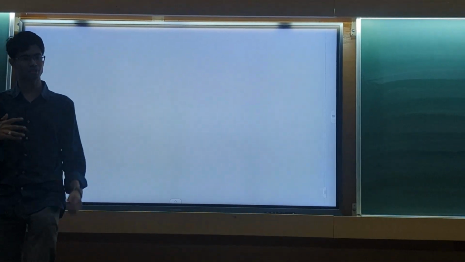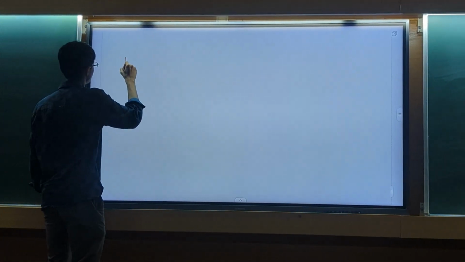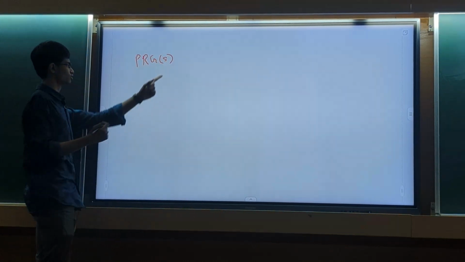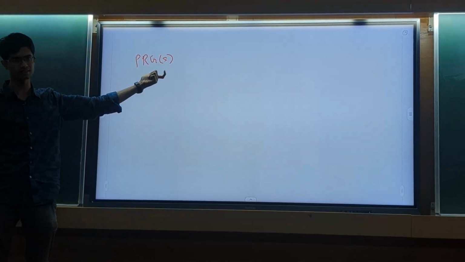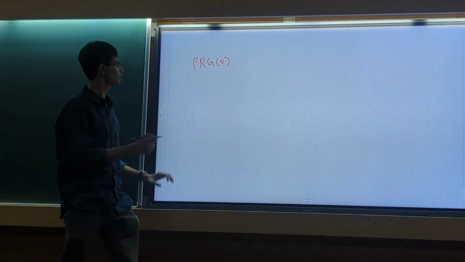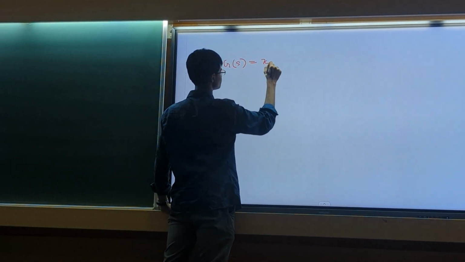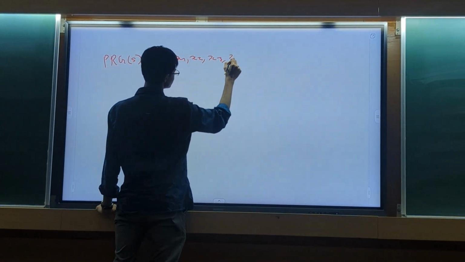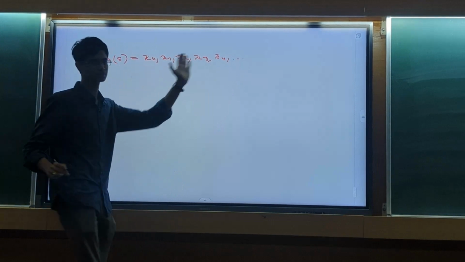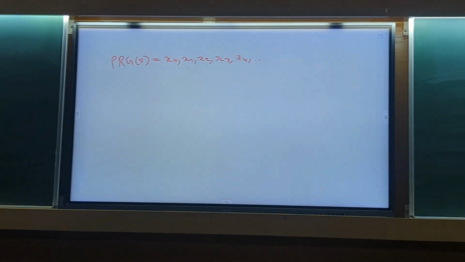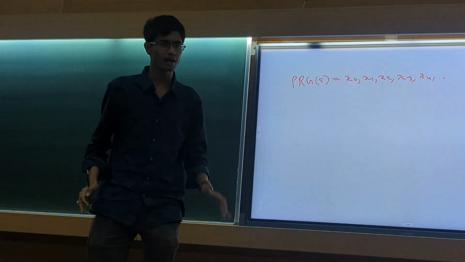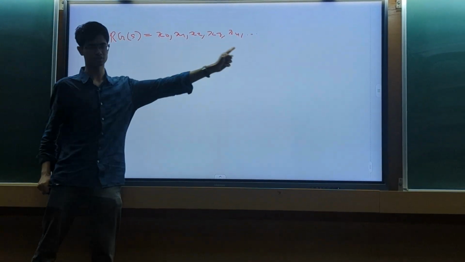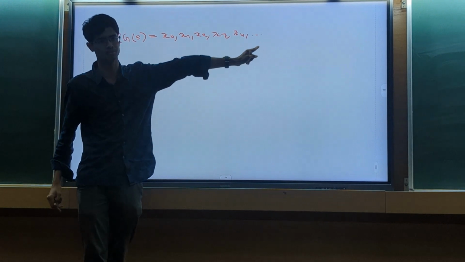What a pseudo-random number generator does is take in a small seed S, so you feed it S, and it outputs numbers. For simplicity, it outputs an infinite sequence of numbers, such that if I know S, of course the whole thing is a deterministic algorithm.